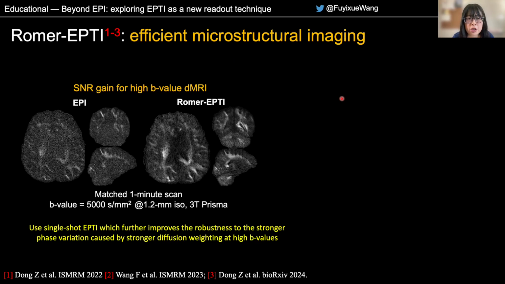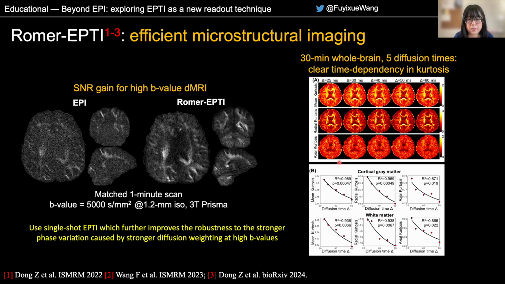So now for microstructure imaging, similar to increasing spatial resolution, increasing B value will also lead to low signal or SNR, and the high SNR gain can also help here. And here, a single-shot EPTI is used to further improve the robustness to the stronger phase variation caused by stronger diffusion weighting at high B values and achieve good image quality.